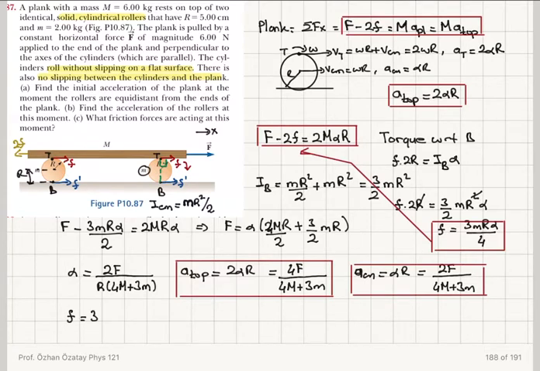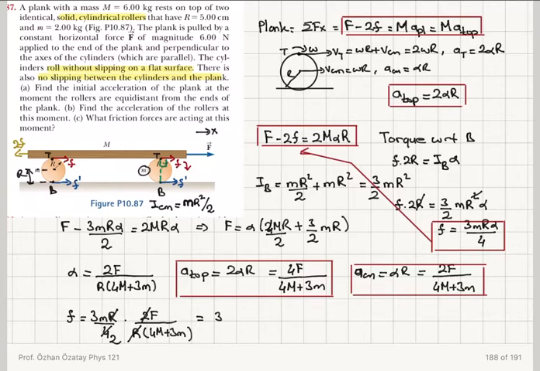And finally, what friction forces are acting at this moment? Since I know alpha, I can figure out what small f is. Small f is equal to 3mr over 4 times alpha, which is 2F over r, 4M plus 3m.